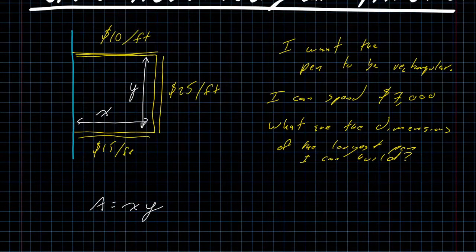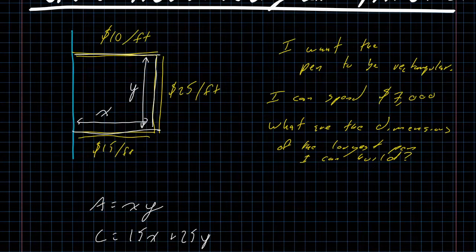We also know that the cost of this pen is being constrained. For X, I am limited building this wall, which costs $15 per foot. So if X is in feet, that means that wall is going to cost 15X. This wall is going to cost 25Y.